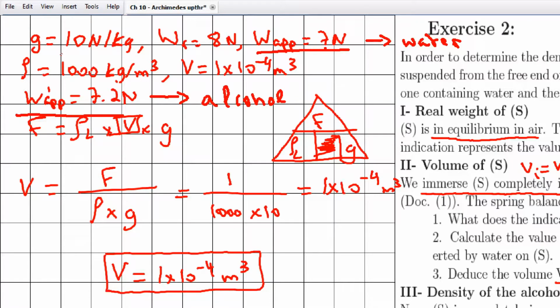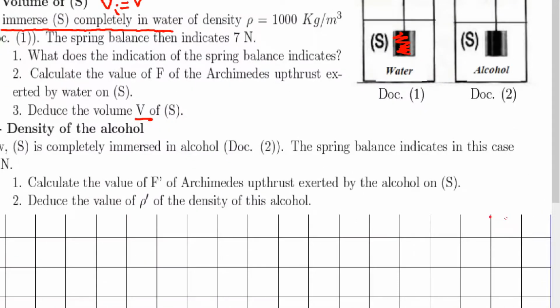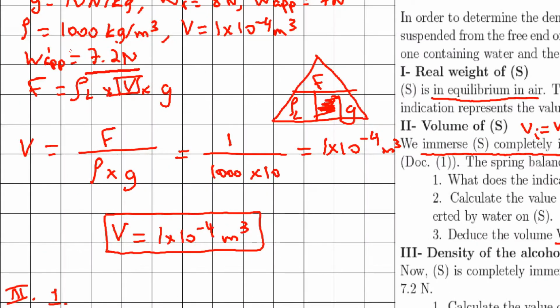So if we are using this apparent weight to calculate F, the magnitude of the Archimedes upthrust, we are calculating the value of F due to water on the solid S. If we are using this apparent weight to calculate the magnitude of F, in this case we will be calculating the magnitude of F exerted by alcohol on the solid S. They are telling me to calculate the value of F prime of Archimedes upthrust exerted by the alcohol on S. So because here we are determining the value of F prime due to alcohol, then we will use this apparent weight.